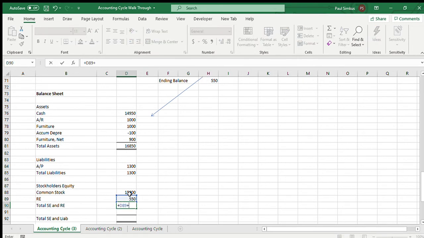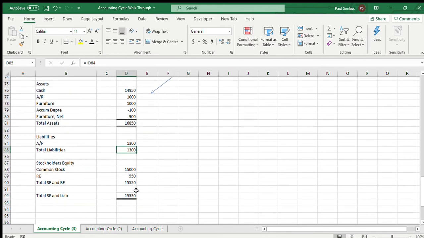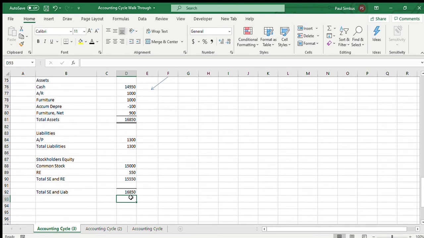Add those two together. Add that and our liabilities. And we get a balance sheet that balances: assets, 16,850, equal liabilities and stockholders' equity, 16,850.